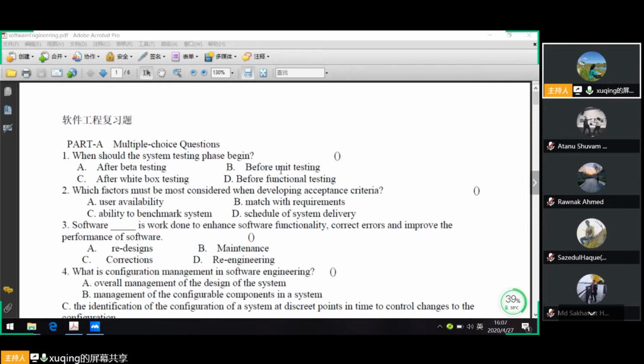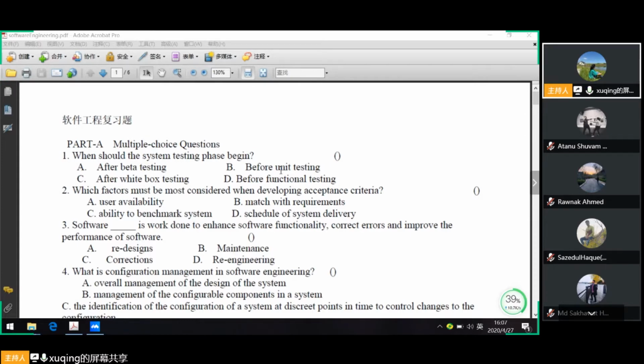System testing: some or all of the components in a system are integrated and the system is tested as a whole, so it should focus on testing component interactions. And you see, unit testing is before the system testing.